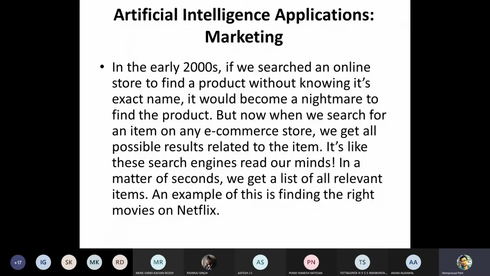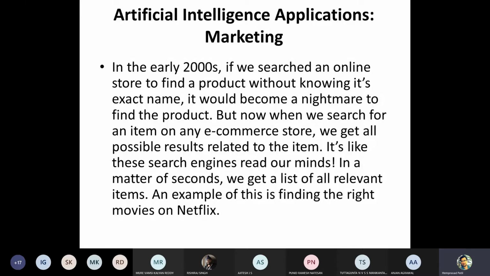Even if you don't know the exact name, similar products pop up. Like now in Amazon, I have seen that if you're doing grocery shopping and you don't know the exact name of a certain item, but you know the regional language name, then AI makes it possible to bring the correct product as a recommendation for that search.